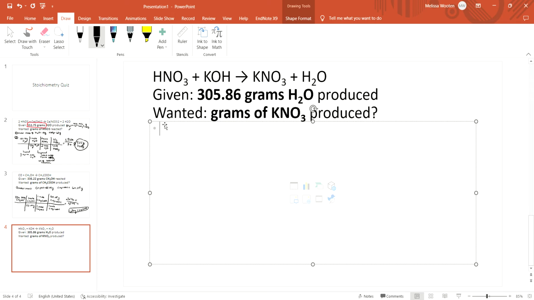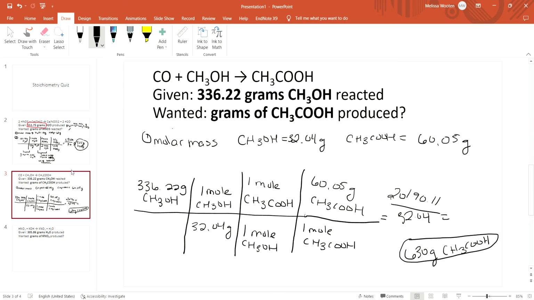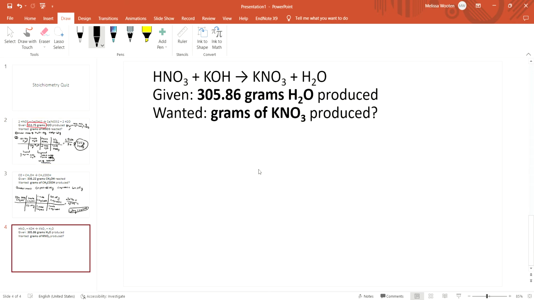So at this point, you should have an idea of how to do this, so it'd probably be a good idea to pause and try it if you haven't tried it already with the quiz. But I'm going to assume that you have tried it, so I'm going to go ahead and get started. Again, our equation's already balanced, so you don't have to worry about that part. You're given grams of water and you're trying to get to grams of KNO3. We know that 18 grams of water is 1 mole of water.